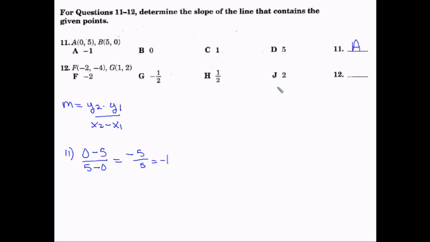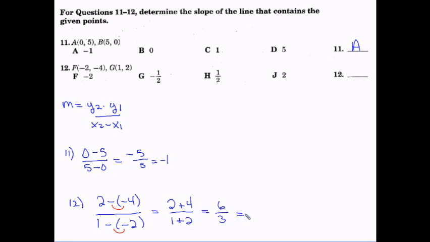So that's A. And then for number 12, I'll have 2 minus negative 4 over 1 minus negative 2. The double negative makes it positive. So 2 plus 4 over 1 plus 2. So 6 over 3, which is 2.